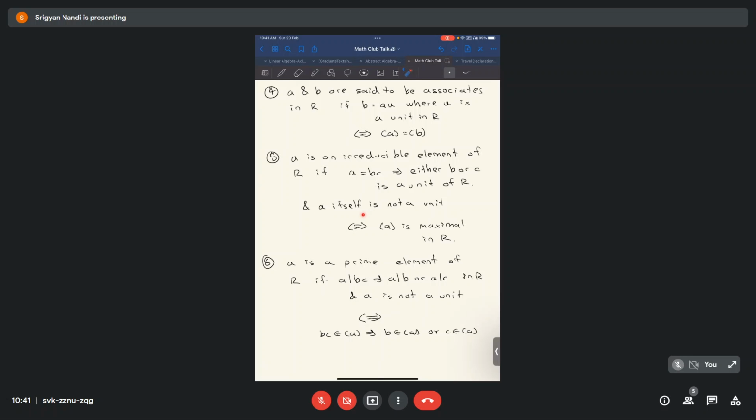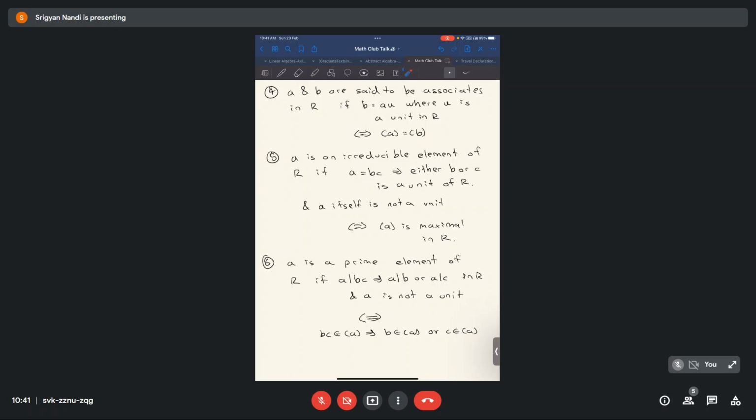So here we assume that A itself cannot be a unit, right? A unit here is the analog of degree 0 in a polynomial ring F[t]. So this basically says that any non-unit A is irreducible if it cannot admit any non-trivial decomposition where neither B nor C is a unit. And this has a both-way implication that the ideal generated by A is a maximal ideal in R.